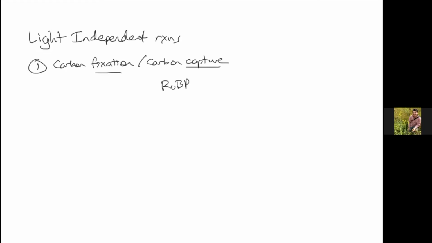This is a 5-carbon molecule. And carbon dioxide, which obviously is a 1-carbon molecule, there's 1 carbon in carbon dioxide. And the reaction proceeds to the synthesis of 2 molecules of 3-PGA.